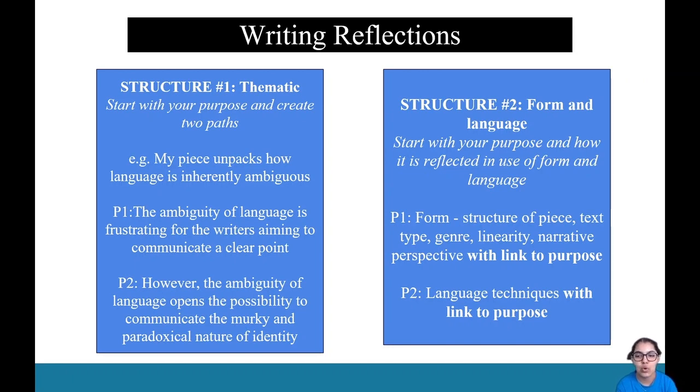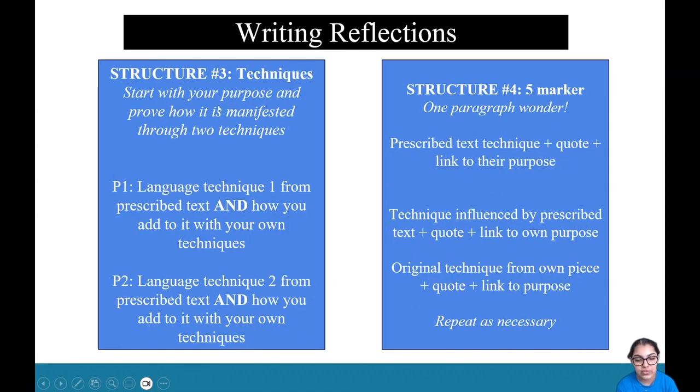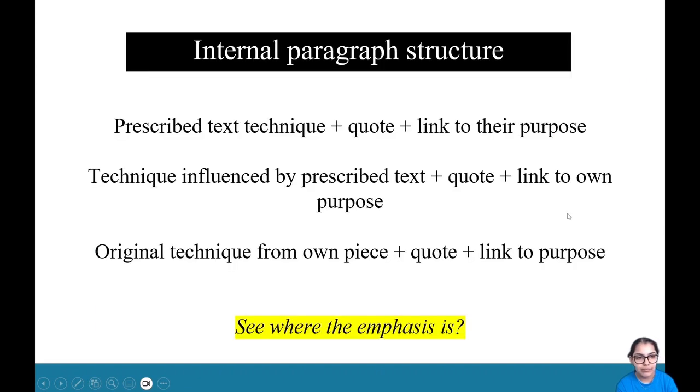You can either talk about the themes you've discussed in your text, or talk about formal language. You can also organize your reflection according to the techniques you've used or the structure. The internal paragraph can look something like talking about the technique in the prescribed text, whichever text you've read in reading to write, having a quote and linking to their purpose.